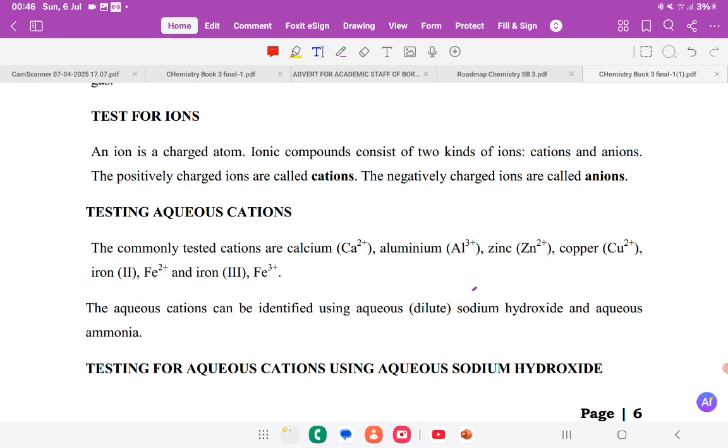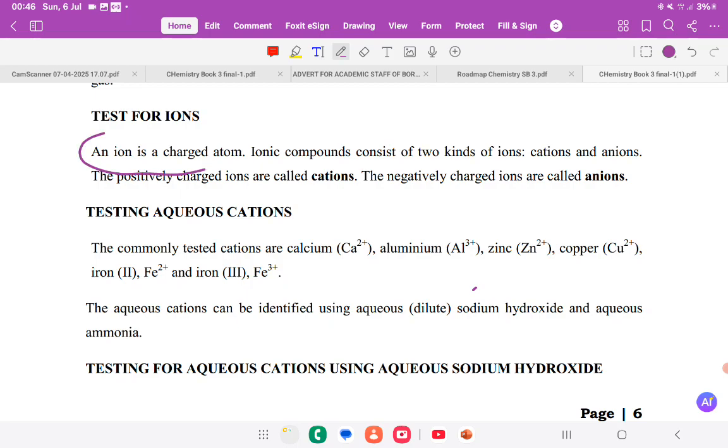All right, so you shall need to test for ions, or to determine the presence of ions. I mentioned earlier on that an ion is simply a charged atom.